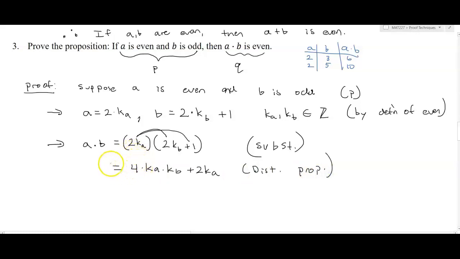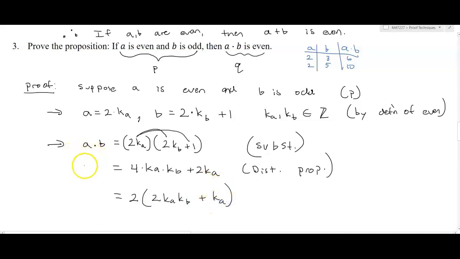And now, again, I want to show that this is an even number, so I want to ask myself, typically when you're showing something is even, can I factor out a 2 at some point? So I see that both terms, 4KaKb and 2Ka, both have factors of 2 that can come out. Great, well that's 2 times quantity 2KaKb plus Ka.